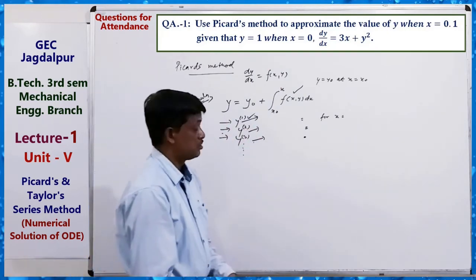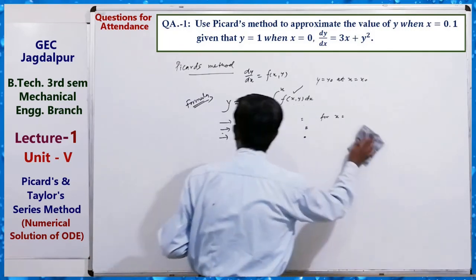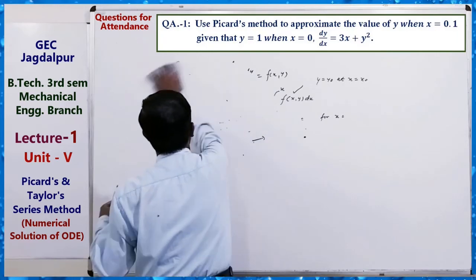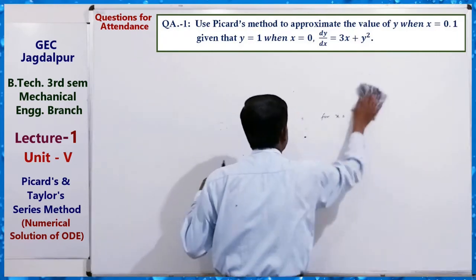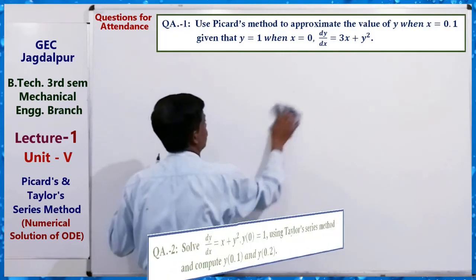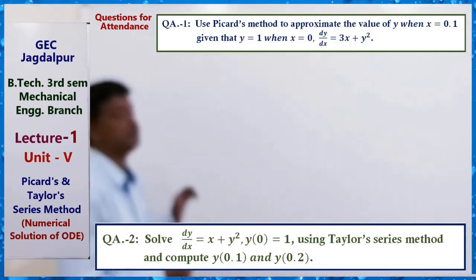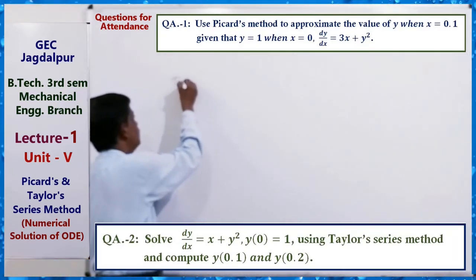Okay, so solve these questions by using this method. And similarly, in Picard's method successive integration is involved, and similar to this, successive differentiation is involved in the Taylor series method.